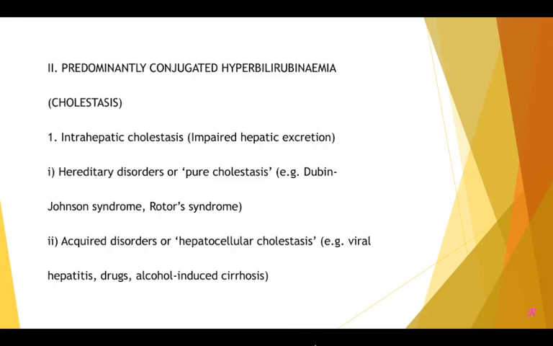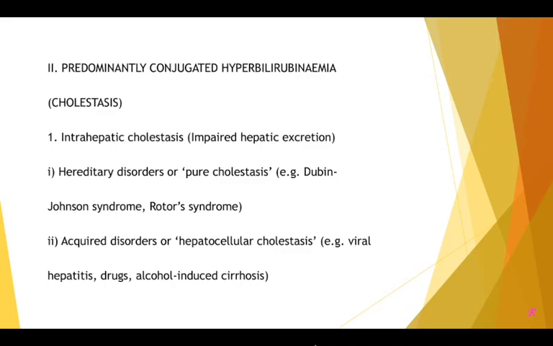It can be due to, the first reason for that is hereditary disorders. It is called pure cholestasis. There are many hereditary disorders. Some of them I have mentioned here. That is Dubin-Johnson syndrome and Rotter's syndrome. Next is acquired disorders or hepatocellular cholestasis.